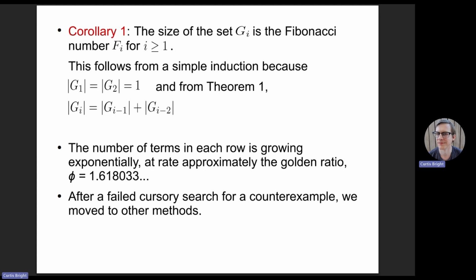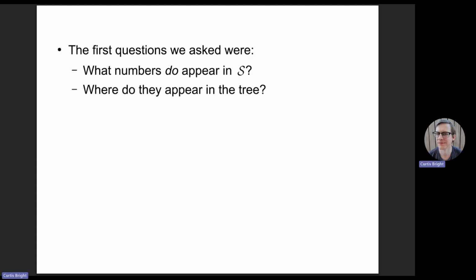Why is it true? So the first few questions we asked then are, okay, what numbers do actually appear in this set? And where do they appear in the tree, right? So you can see these numbers in different generations in the tree. Where do particular numbers occur? Okay, because of course we want to think about where the Fibonacci numbers occur in the tree. So the first theorem is that all integers actually do belong to the set S, so all positive and negative integers.